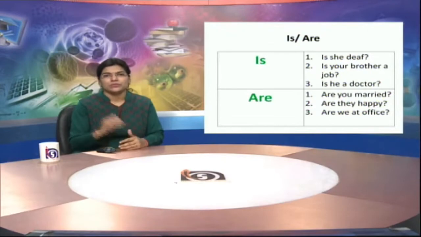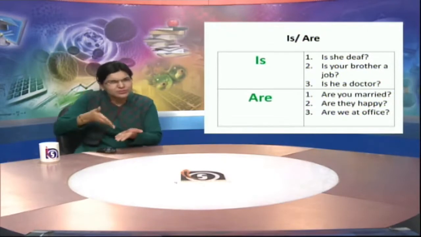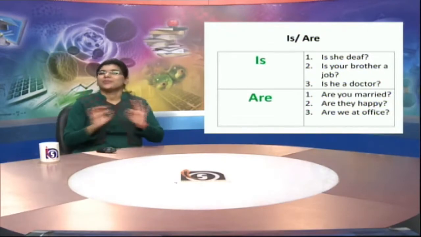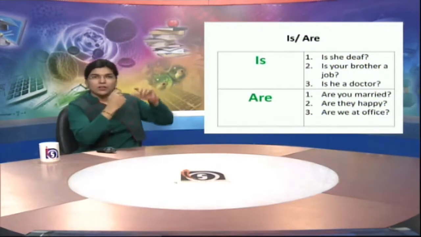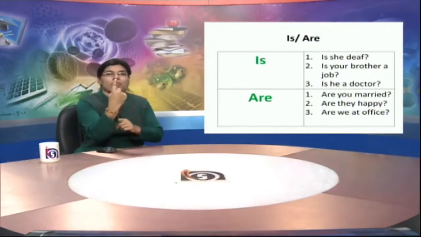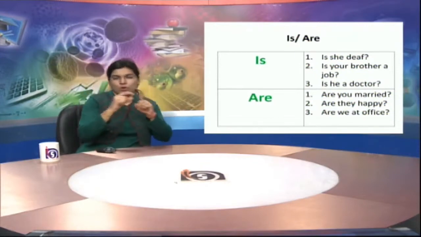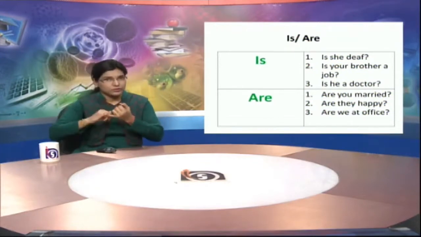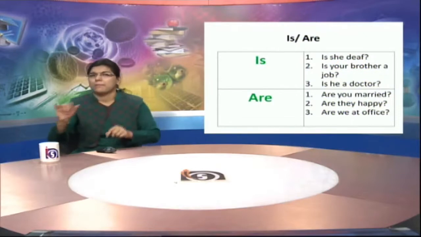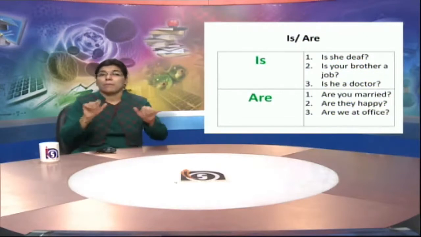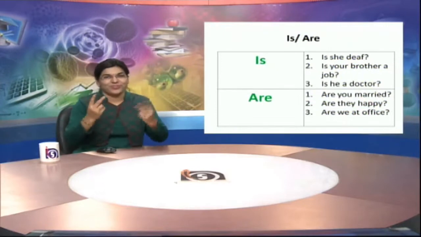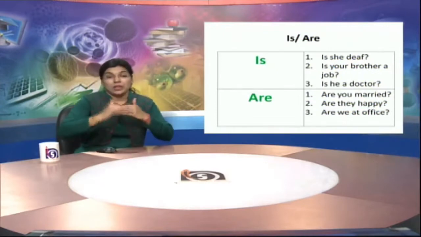Third question, are we at office? So you know the answer, yes or no. Is means singular and are means plural. Always remember this. The answer will be yes or no always.